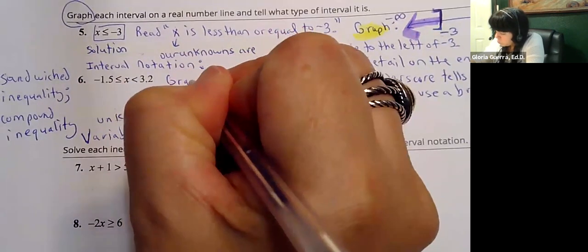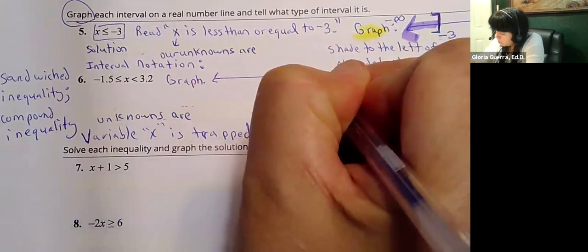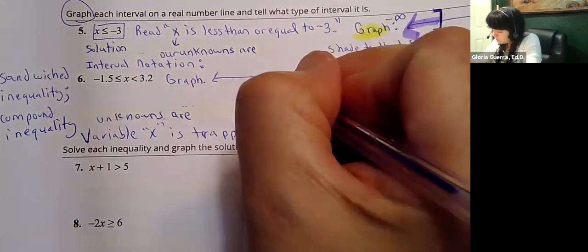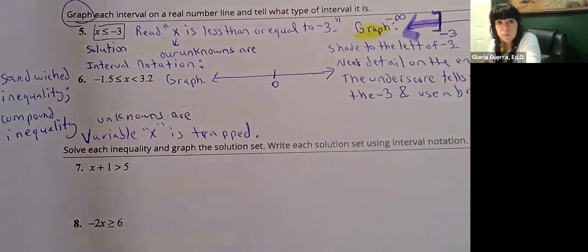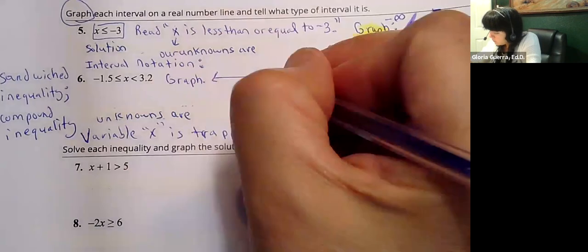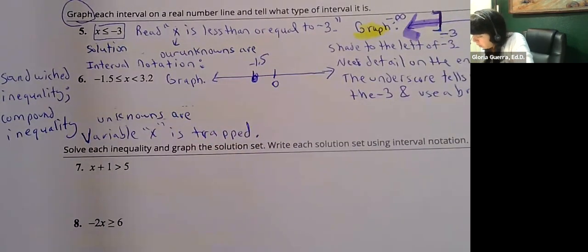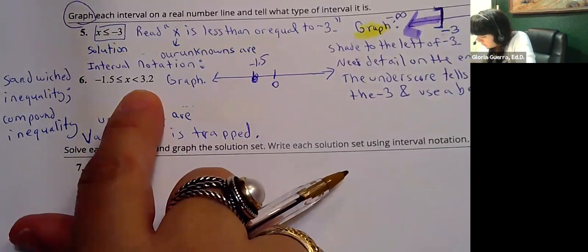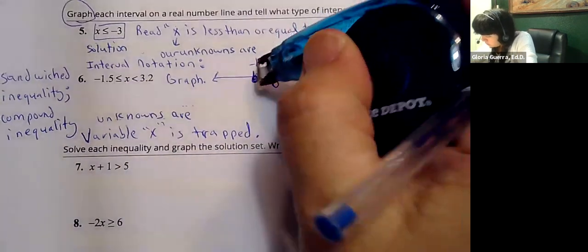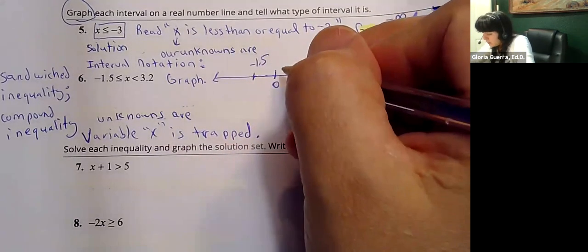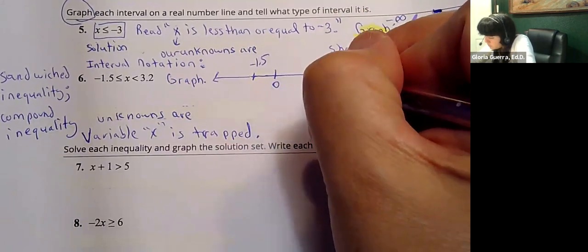Okay, so if I start off with my graph, and I put 0 just to give me orientation, and we have a negative 1.5, which is about right here. And then, oh, let me not put a marking here. Let me just put a tick mark, negative 1.5. And then 3.2, which should be somewhere out here on this side.